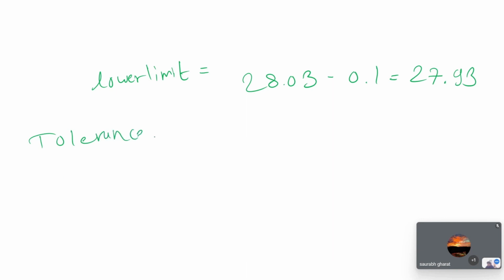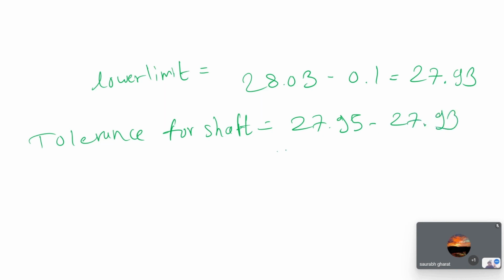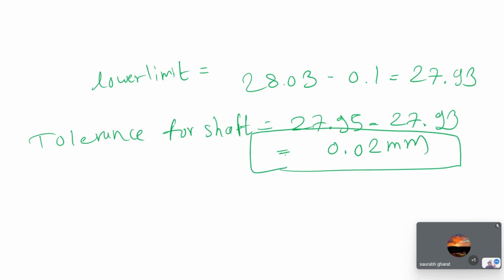The tolerance for the shaft will be simply 27.95 minus 27.93, which is equal to 0.02 millimeters. Everything is in millimeters. So this will be your answer.